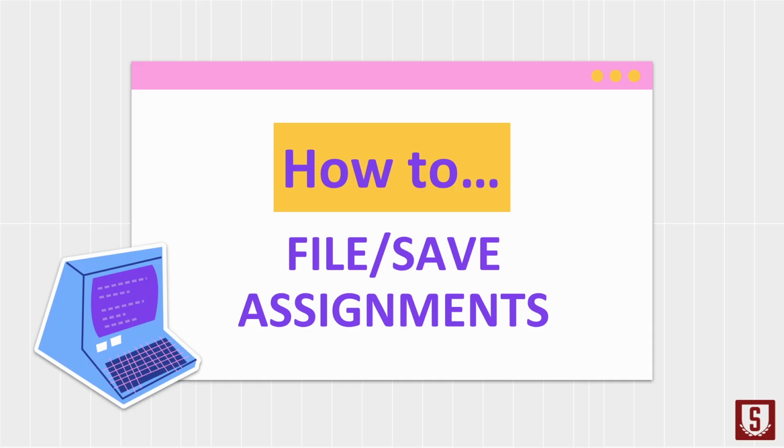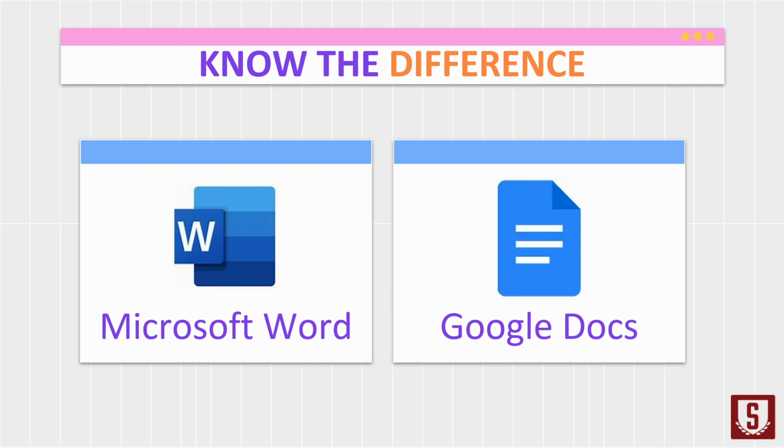Next, we're going to talk about how to file and save assignments. Do you know the difference between a Microsoft Word doc and a Google Doc? In most of your classes, you are going to have to create a Microsoft Word doc, which is separate from a Google Doc. But you should be familiar with both of these. A lot of students still use Google accounts to create their documents to do their work.